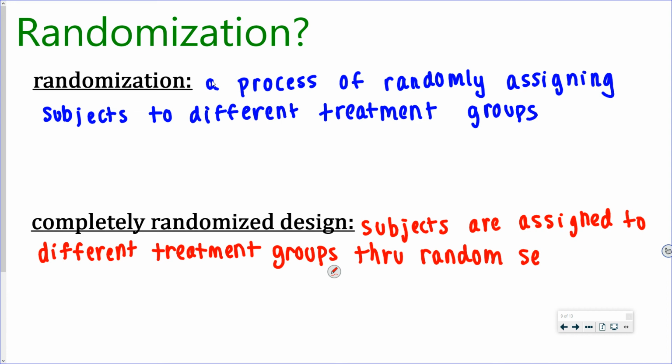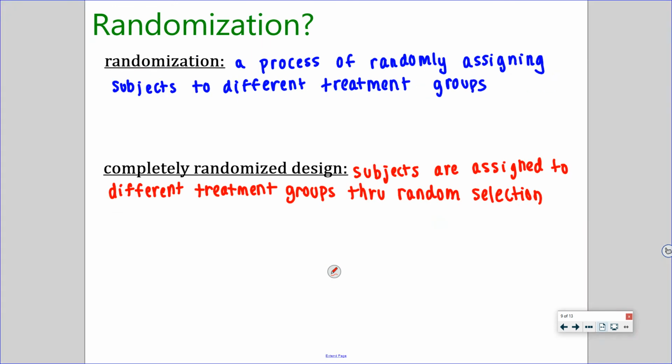So we're going to focus today on 3 different experiment designs. And then, like I said, we'll do an activity that lays these out and gives you an application of it.